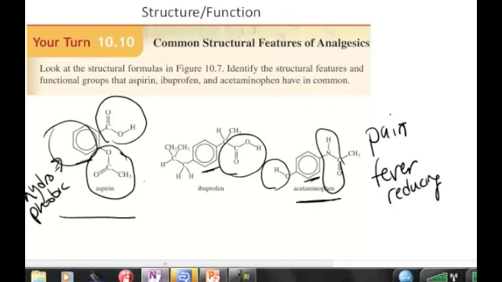It looks a lot like aspirin, only it has one functional group instead of two. The ibuprofen is actually a better anti-inflammatory agent, and people think it's because this side of the molecule is a larger hydrophobic section, and inserting into the cell membrane of certain specialized cells helps the anti-inflammatory function of these analgesics by having it embed more deeply and to a greater degree.